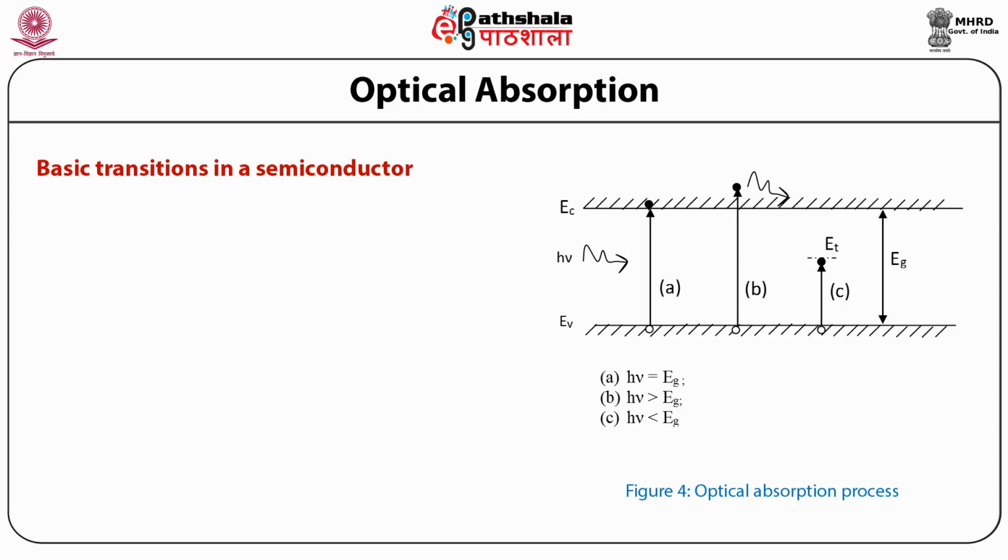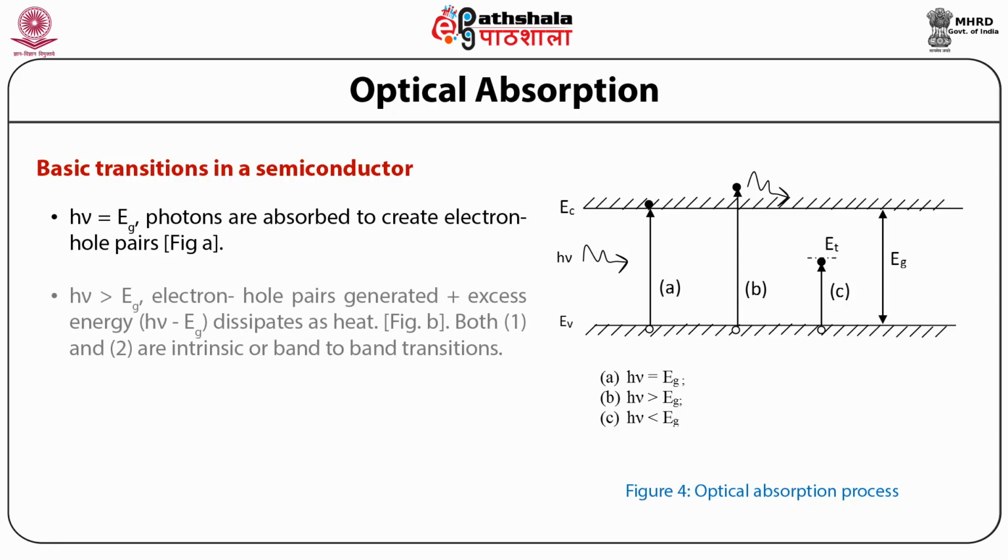So the basic transitions in a semiconductor: the first one, when h nu is equal to Eg, photons are absorbed to create electron-hole pairs, as shown in figure A. When h nu is greater than Eg, electron-hole pairs are generated, and the excess energy h nu minus Eg is dissipated as heat, as shown in figure B. Both these are intrinsic or band-to-band transitions.